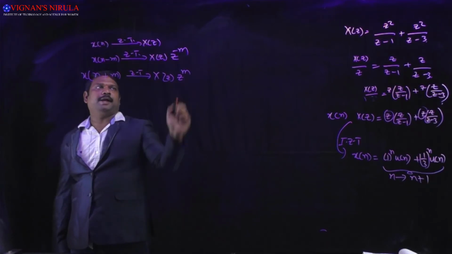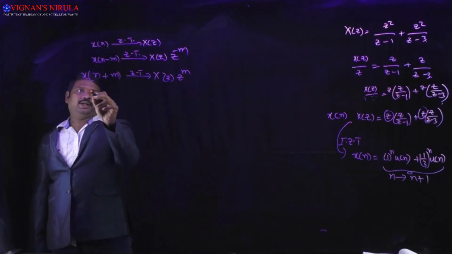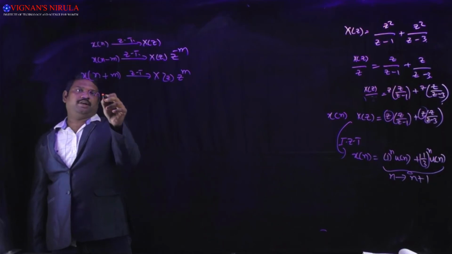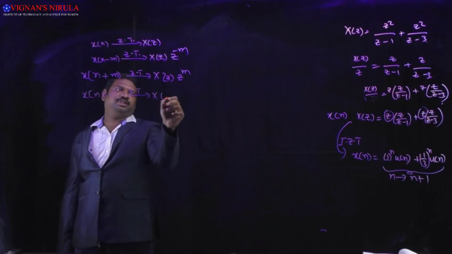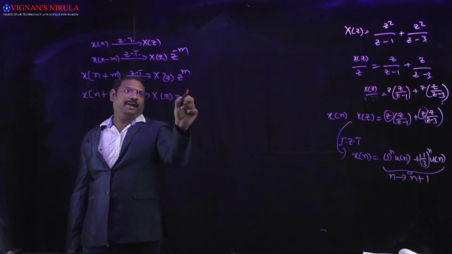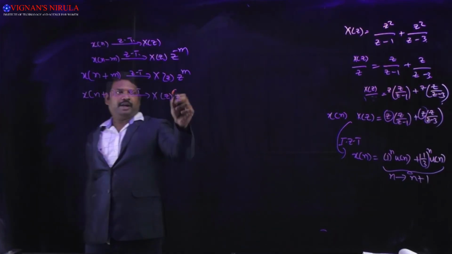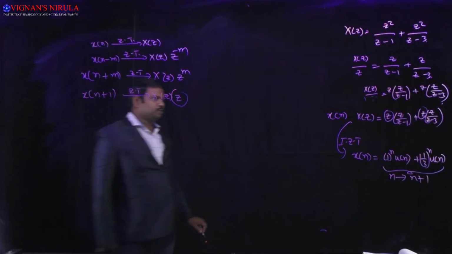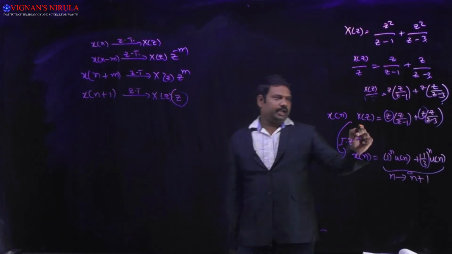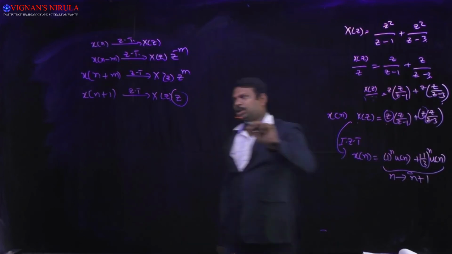If we take that m value as 1 here, then its z transform is x of z into z. Whenever we have a z in the x of z, that is similar to this one.